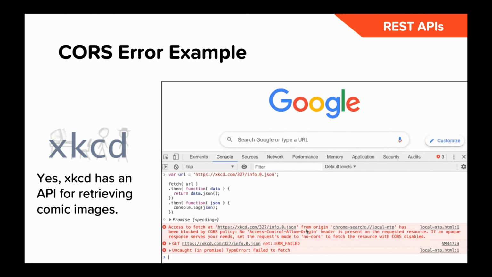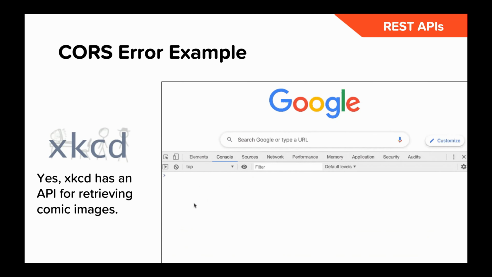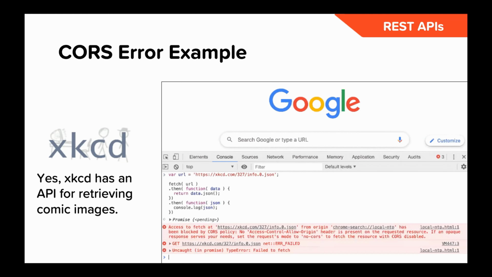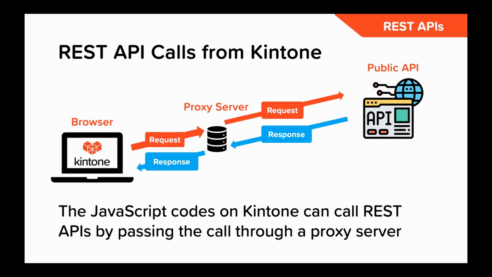What we need then, if we're going to be talking to computers on the internet in our client-side executed code, is some way of creating some kind of an intermediary server. In fact, we have a method for that where Kintone acts as a proxy server.